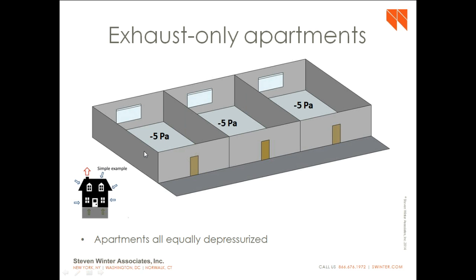So when you have 3 apartments and they're all at the same negative pressure, you're not going to get air passing between units because there's no pressure difference between them.